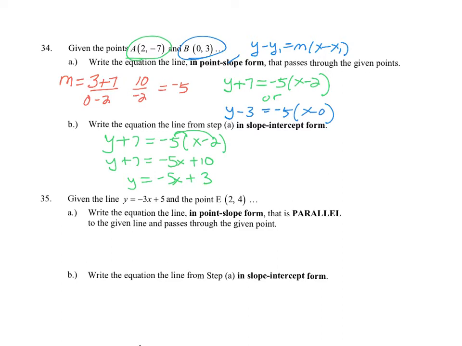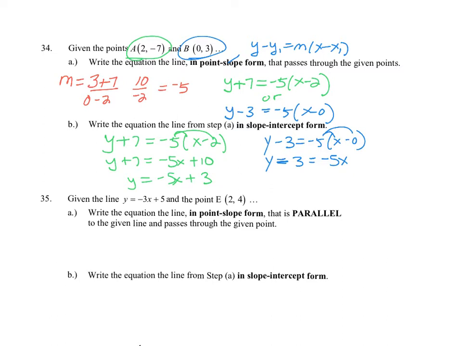If you decided to use this second point and had this point slope form and decide to move it to slope-intercept form, negative 5x, when we go to do that distributed there, that's a 0.